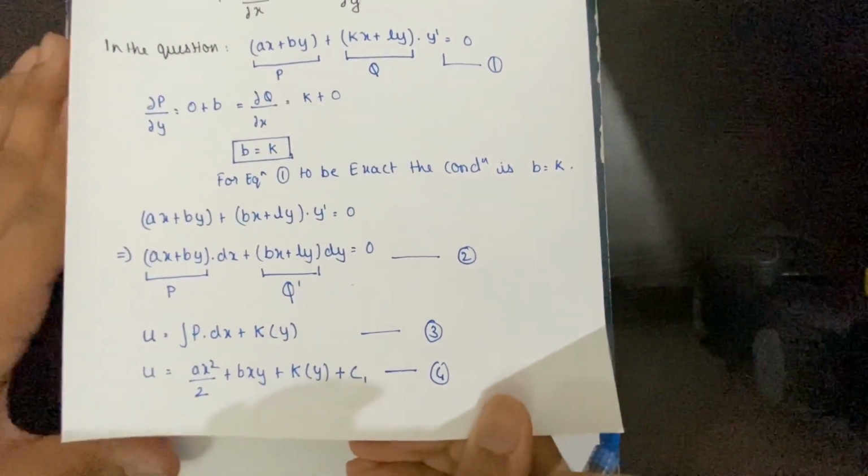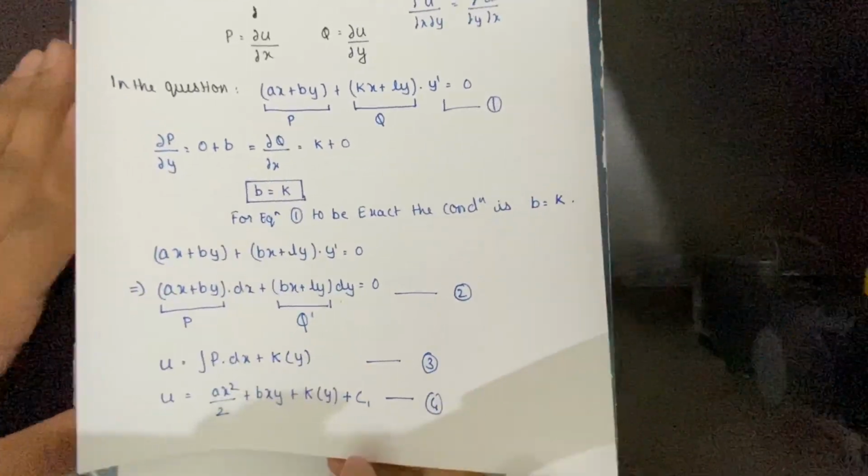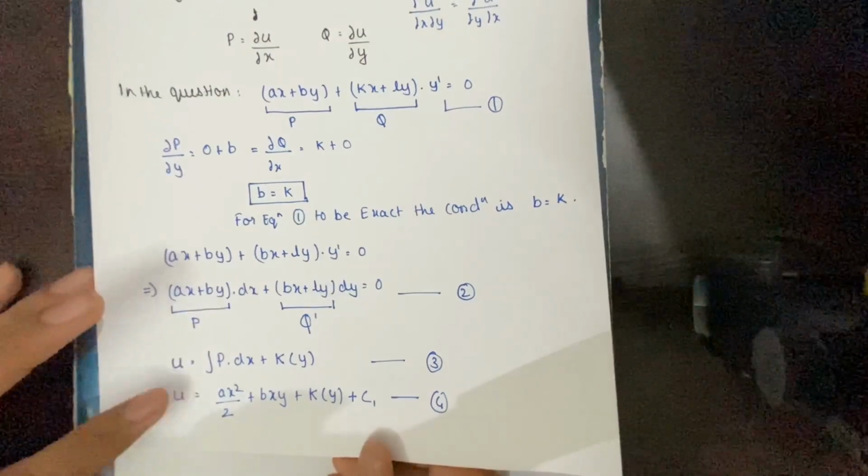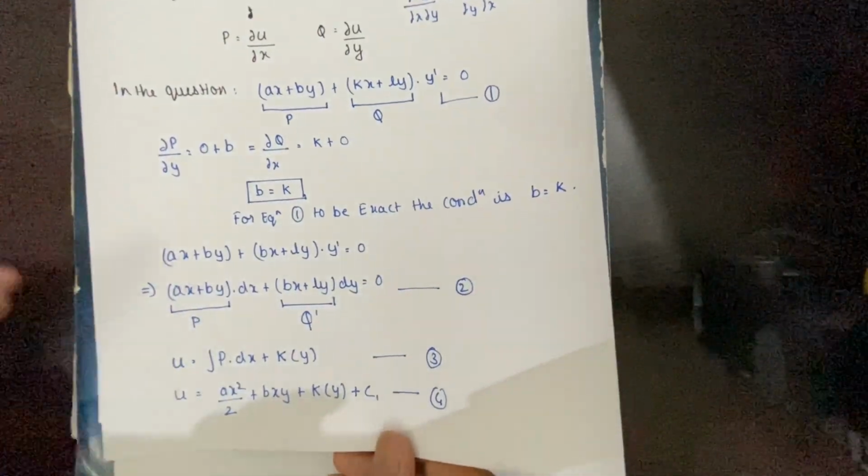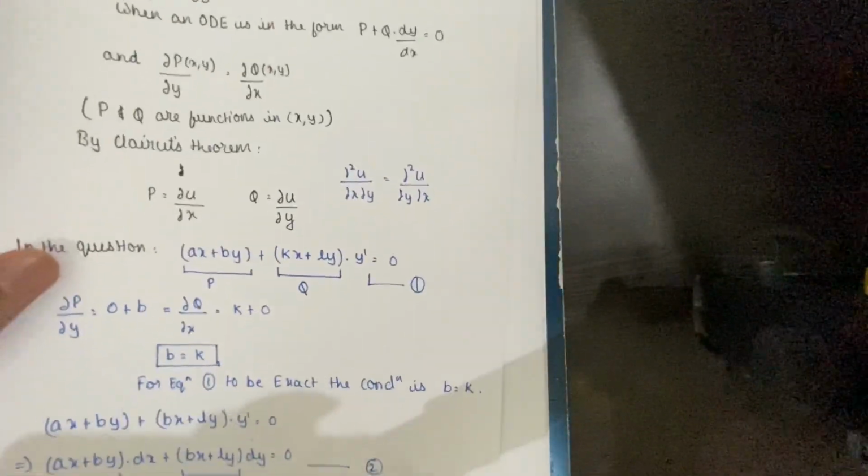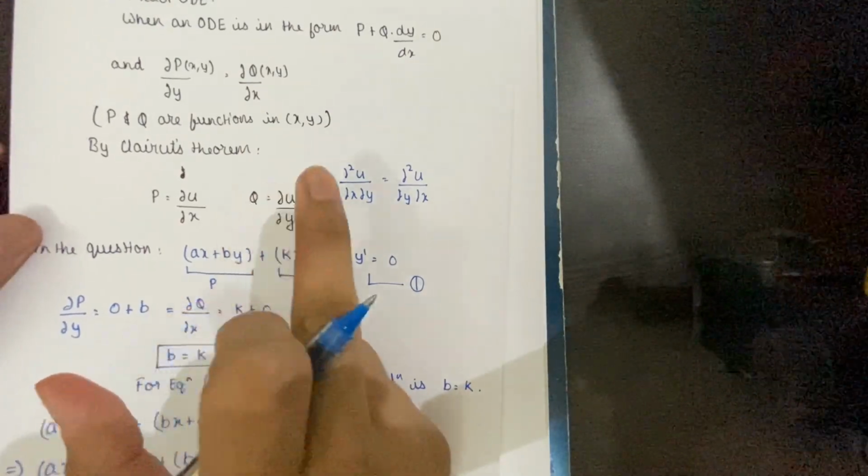Now let's differentiate u with respect to y, so we can equate it to q dash.